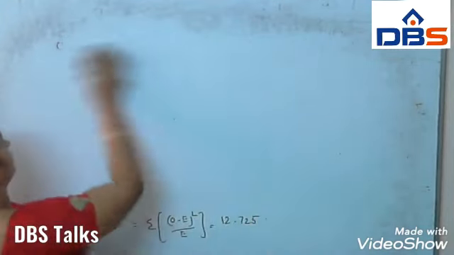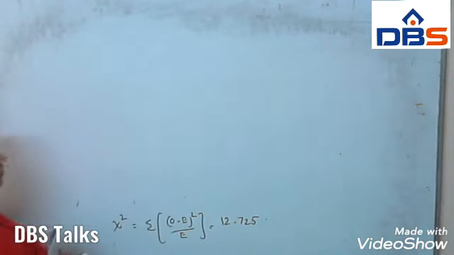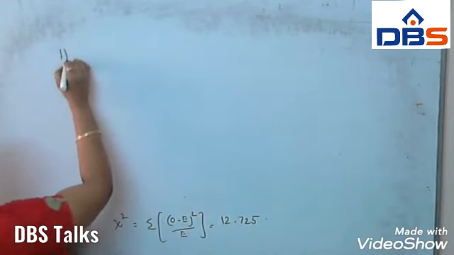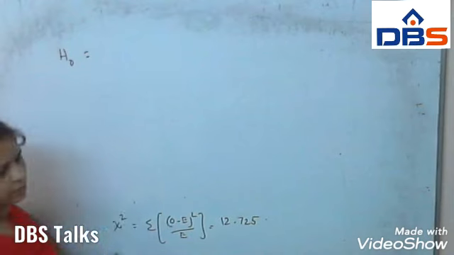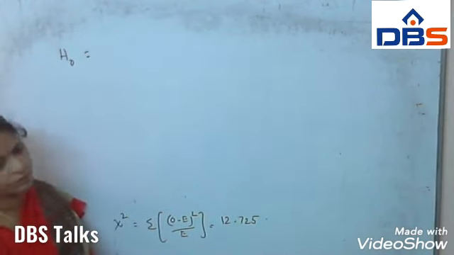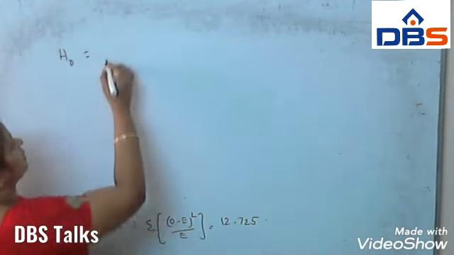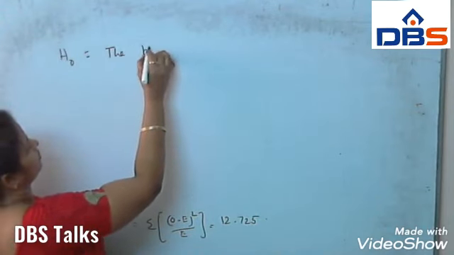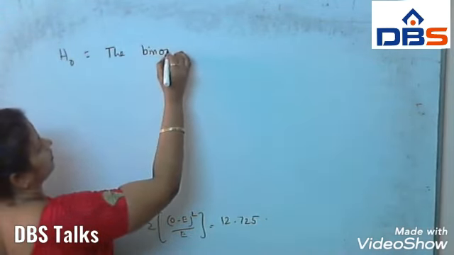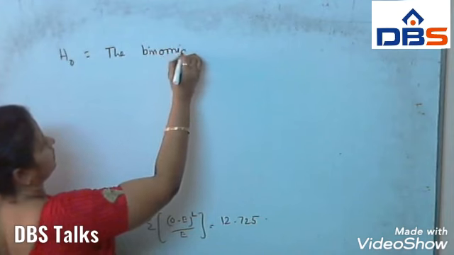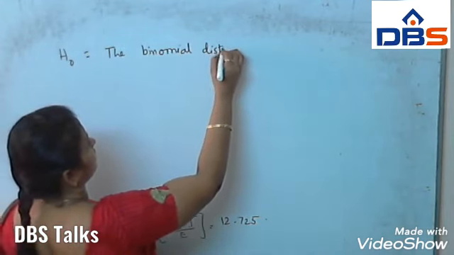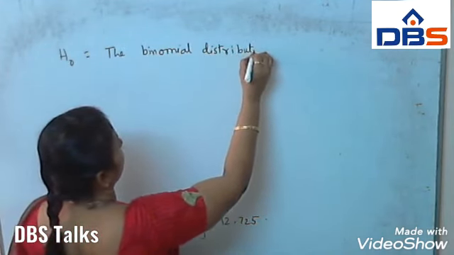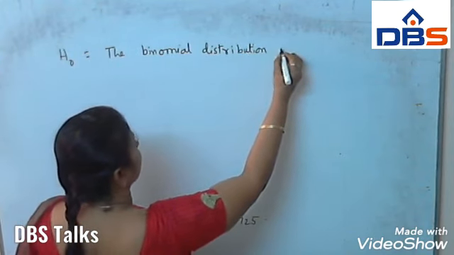Next, we have to set up H naught. Now, what is the question given? Whether the binomial distribution is a good fit or not. So, H naught: the binomial distribution is a good fit, the binomial distribution is suitable for this data.